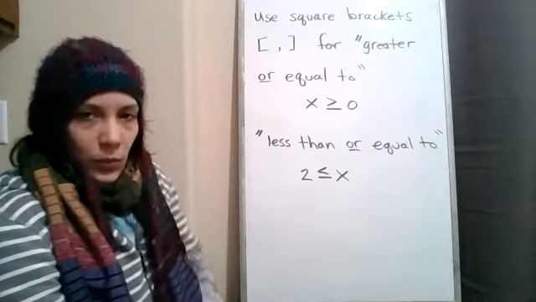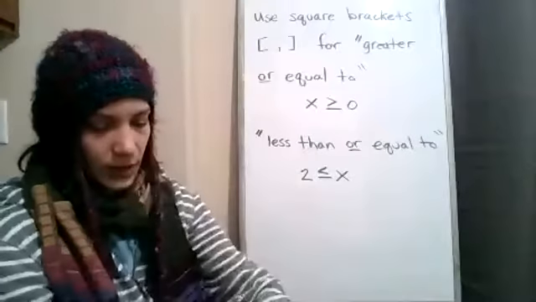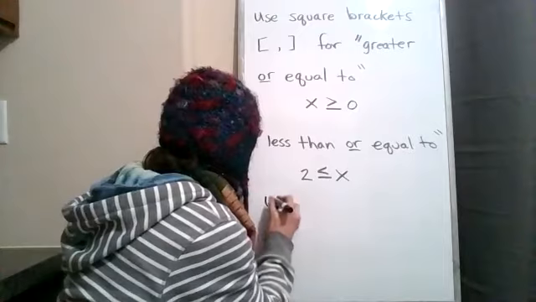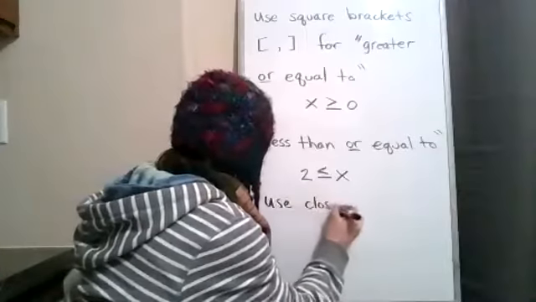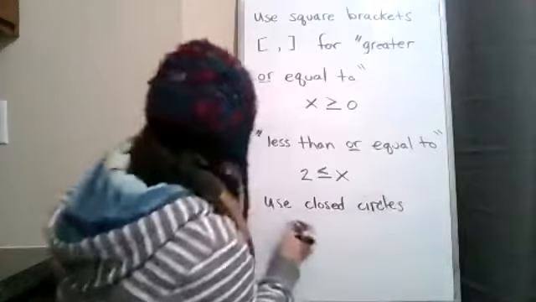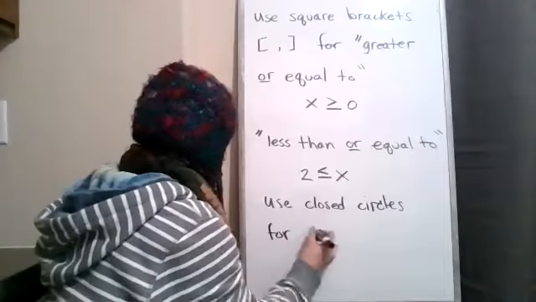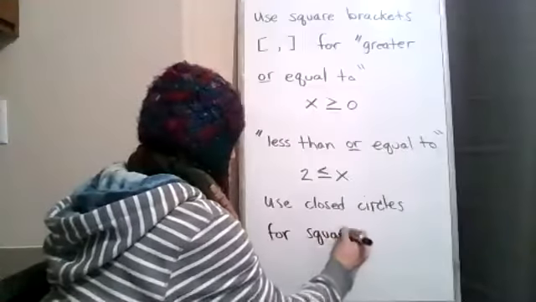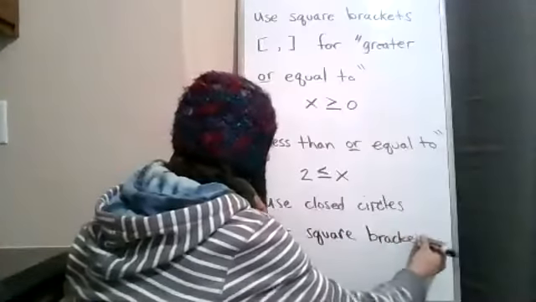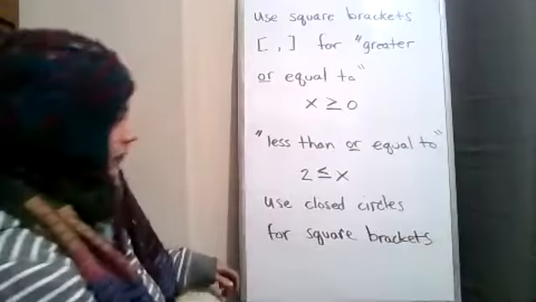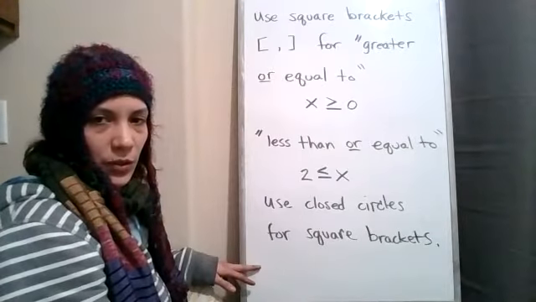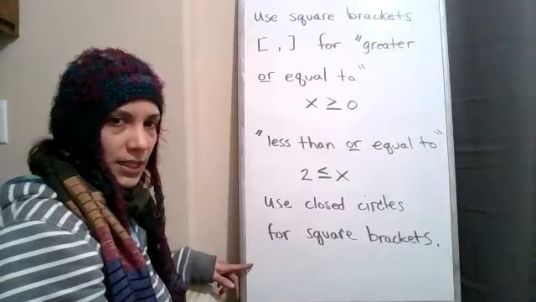Another note: we will use closed circles for square brackets and open circles for parentheses.